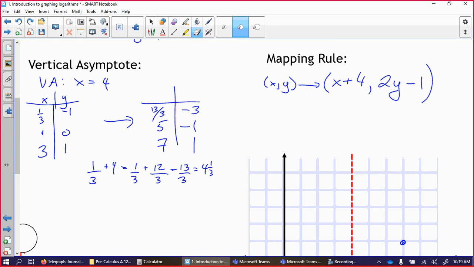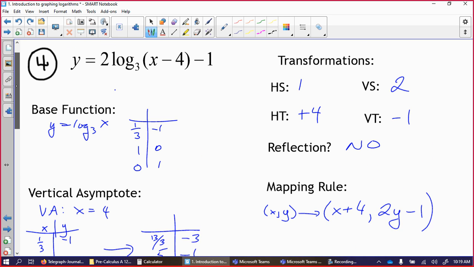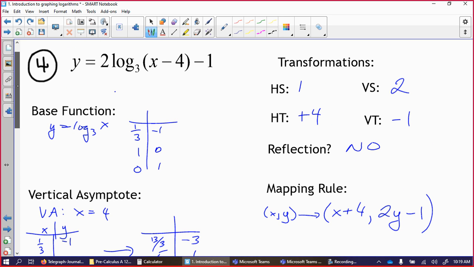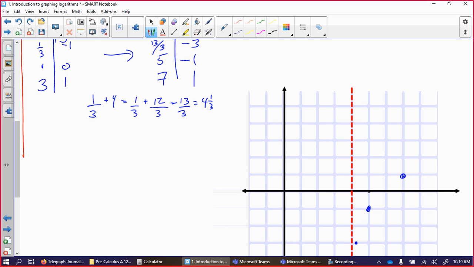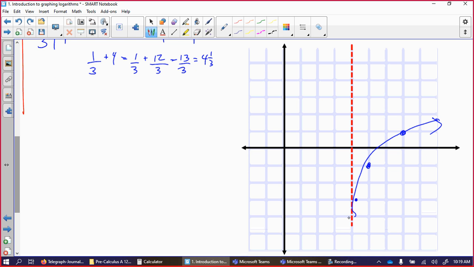Why does that do that? Yeah, 2y minus 1. 4, 5, 6, 7. Hmm. I can't draw. I'm sorry. I wish I could. Kind of looked okay.